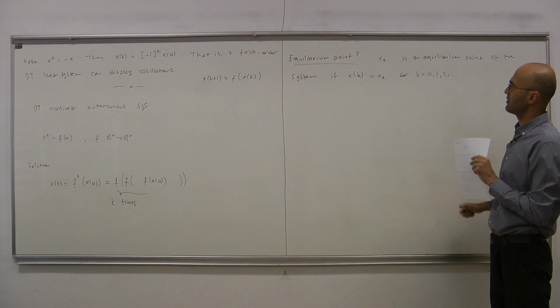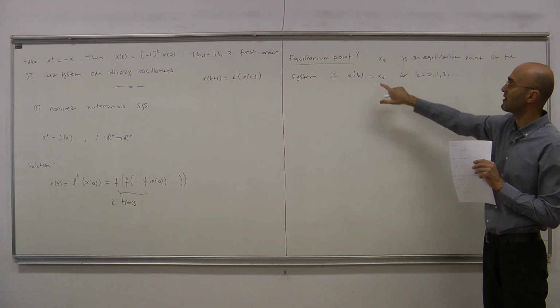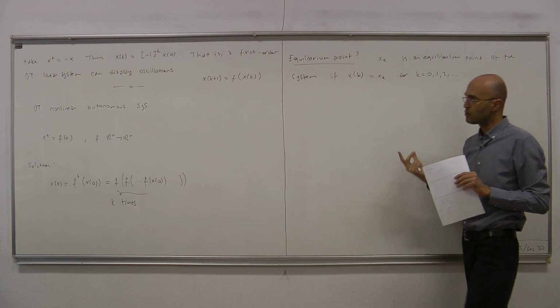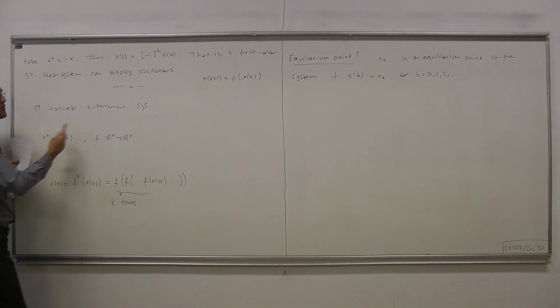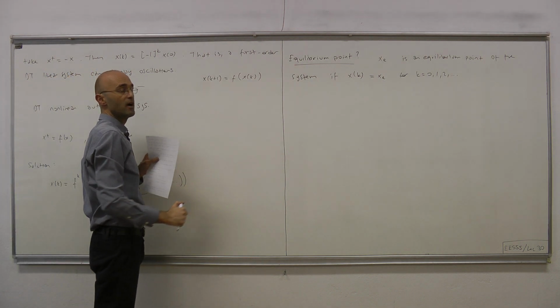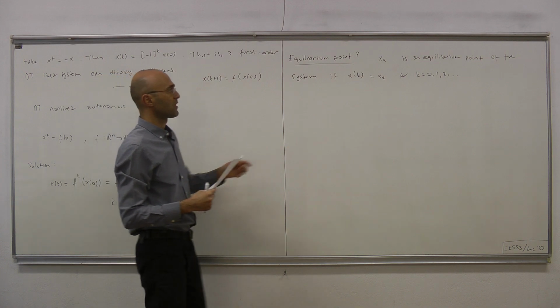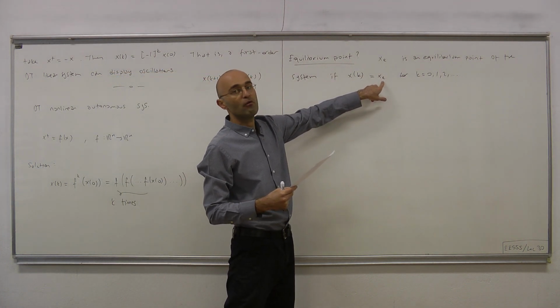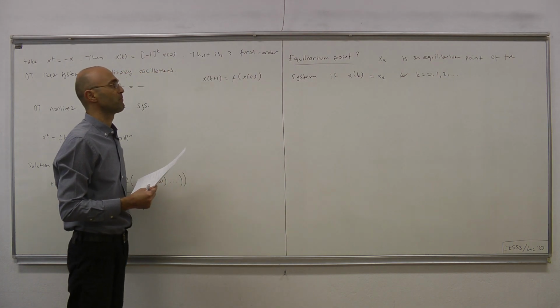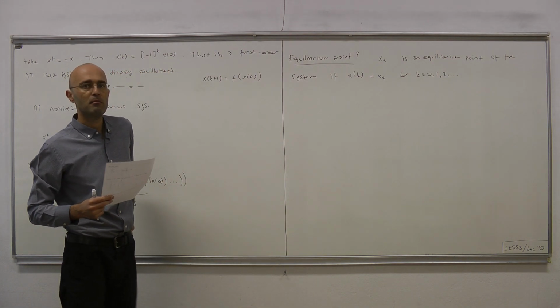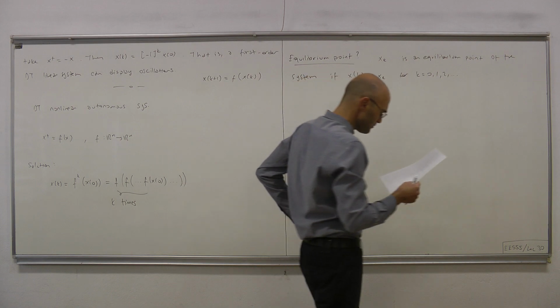So k is our discrete time, and that's a constant sequence. If that constant sequence is a solution of the system, x plus equals f of x, or x of k plus 1 equals f of x of k, then the value of that sequence at each time, which is xe, that fixed vector, is an equilibrium point for the system.